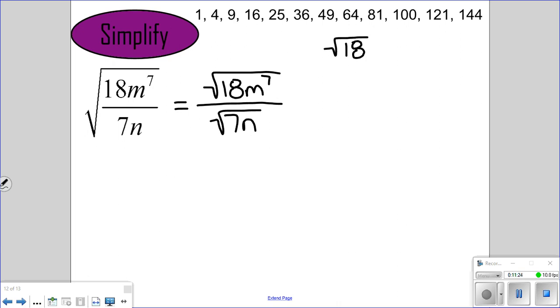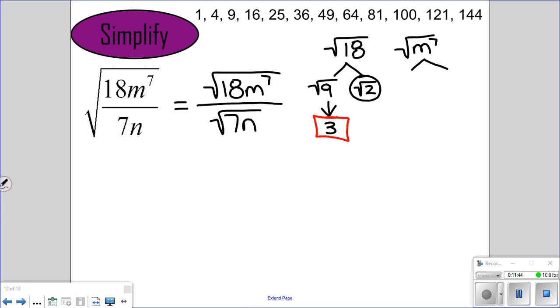The biggest perfect square that breaks down 18 is 9. And then we have a root 2. The square root of 9 is 3. M to the 7th is an odd number, so we have to make it m to the 6th and m. So we got m to the 3rd there.